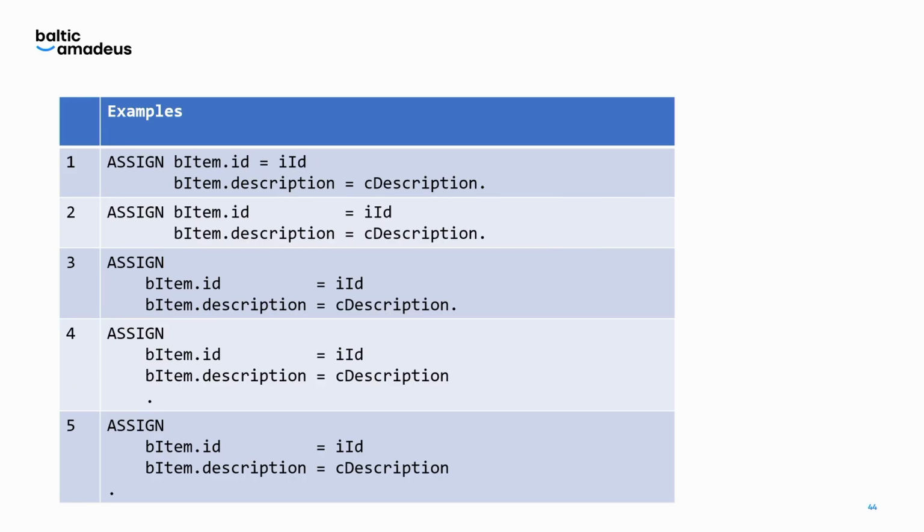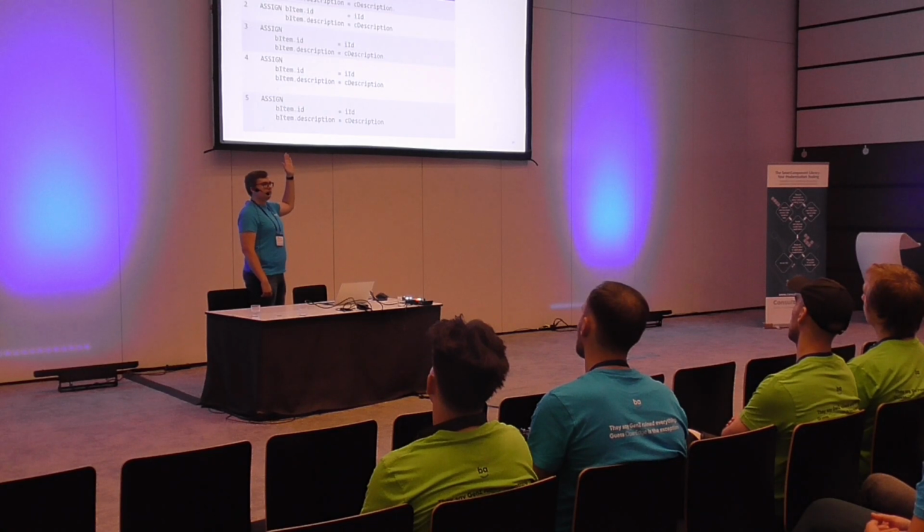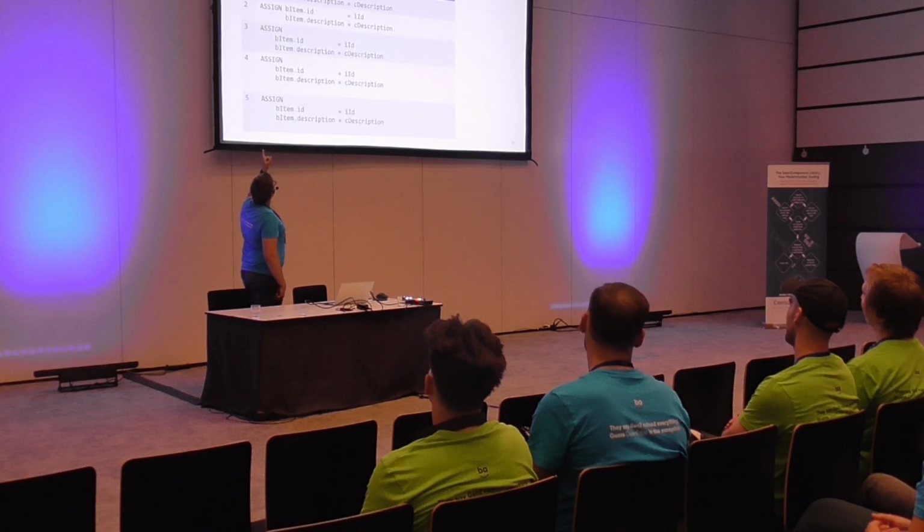And this is just a depiction of how many different ways of formatting we have. We can maybe play a game if you want. Does anyone use the first way of formatting assign statements, without alignment? Okay, nobody. That's good. We can remove this setting. That means number 2.